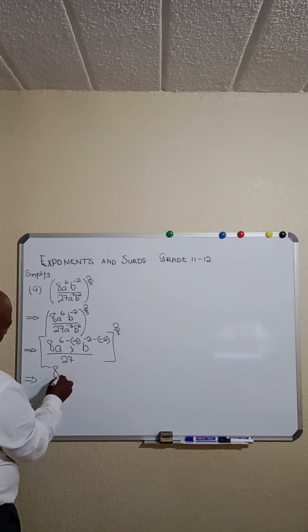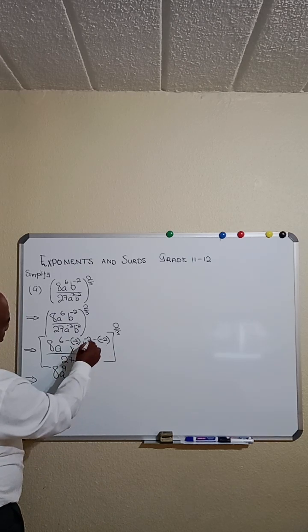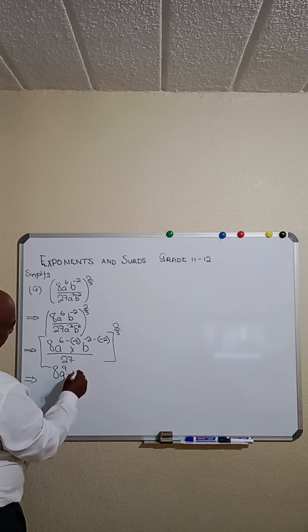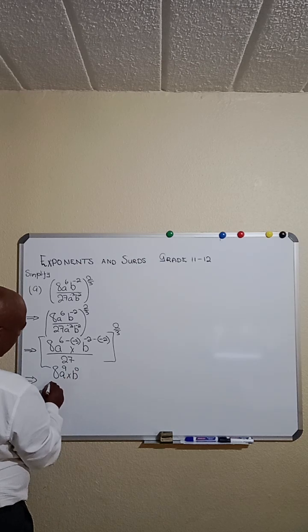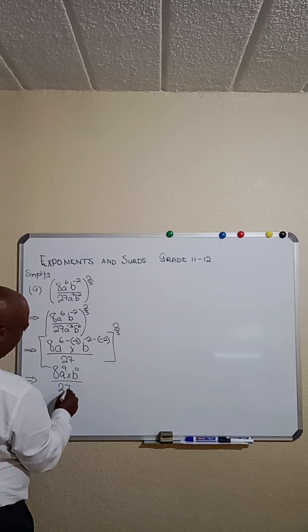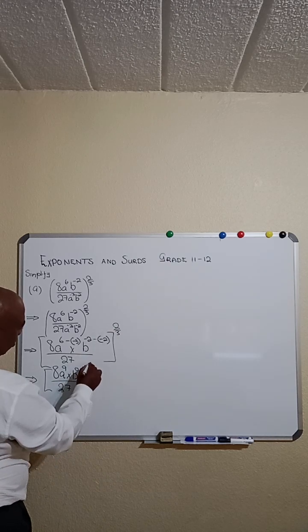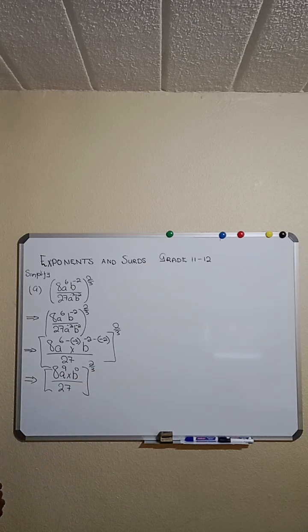So we have 8a to the power 9, times b to the power minus 2 minus minus 2, which is a positive, so minus 2 plus 2 is 0. And then we're going to have 27 here. Do not forget the power 2 over 3. Okay, now at least it's simpler.